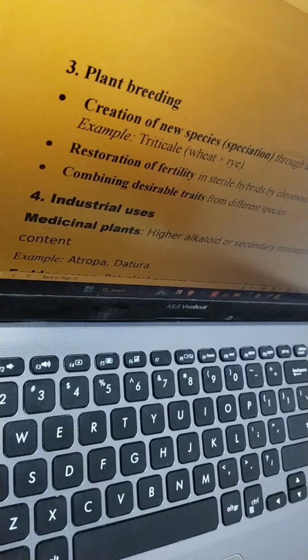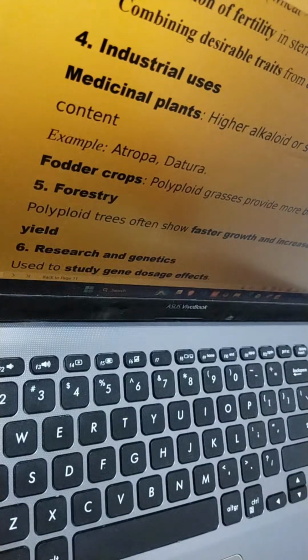Then industrial uses: medicinal plants have higher alkaloid and secondary metabolite content, like Atropa and Datura. Polyploid grasses and fodder crops provide more biomass.